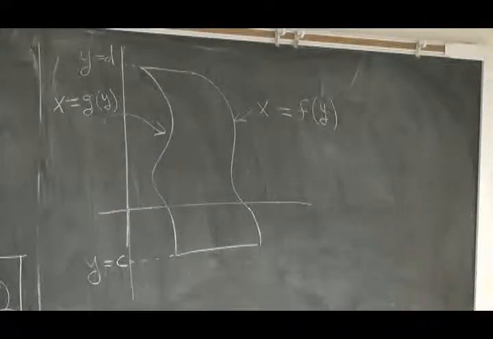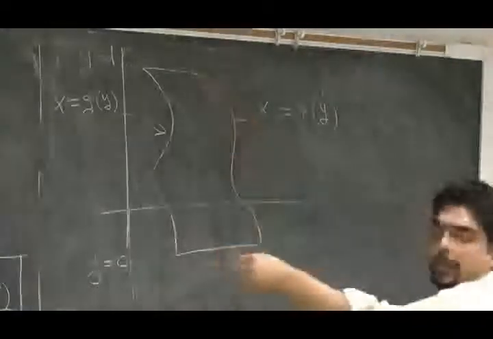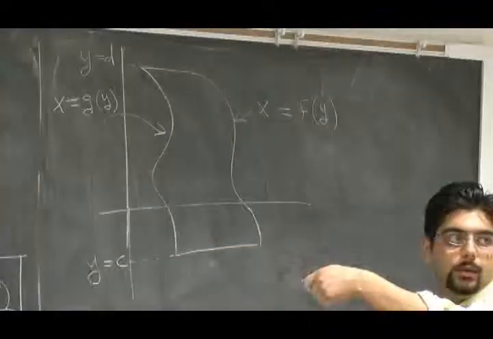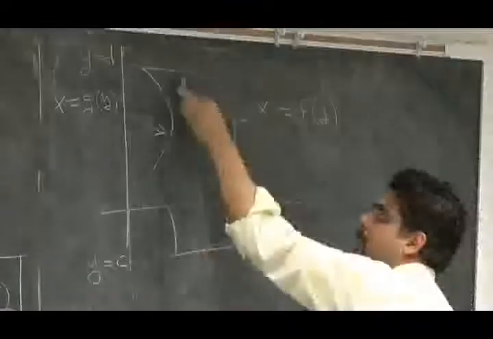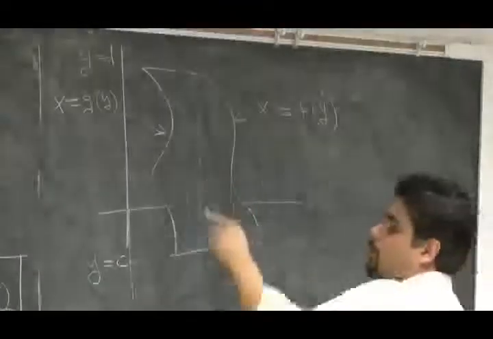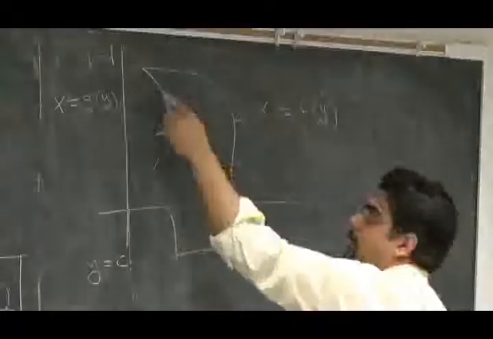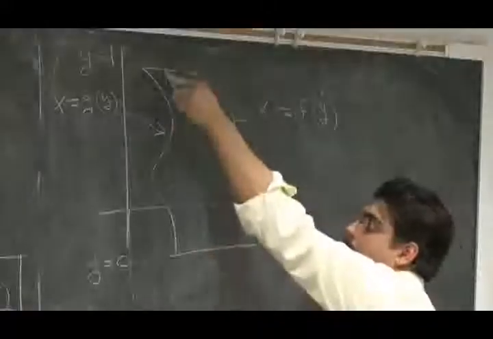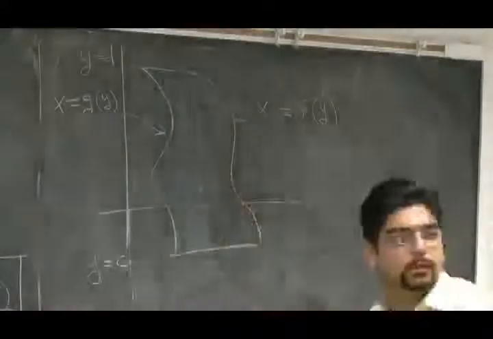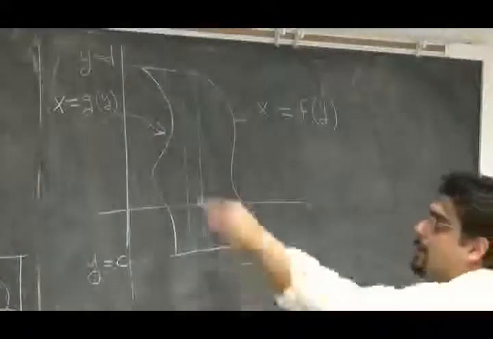So I can no longer draw my rectangles vertically. Okay? Over here, it might seem harmless to draw the rectangle vertically. But if I go to this side a little bit, then my rectangles are kind of, this is the bottom, this is the top. You know what I mean? This is the bottom and this is the top.